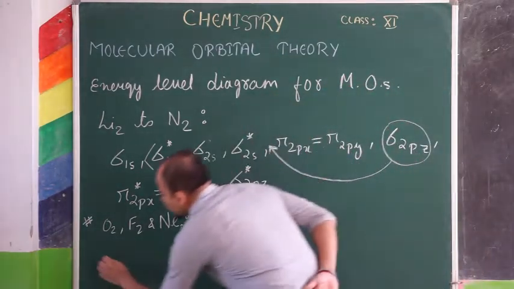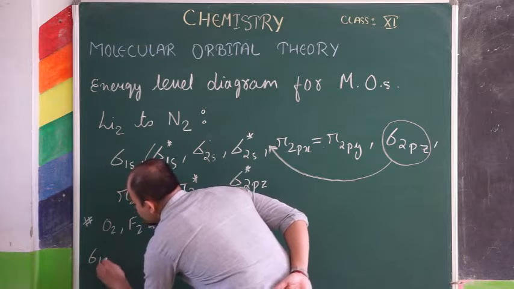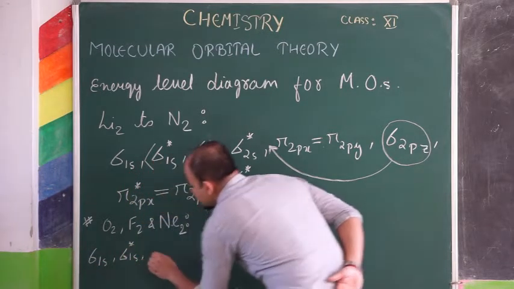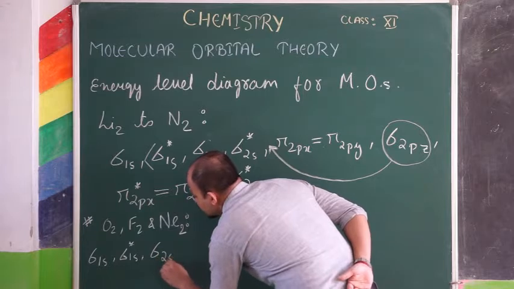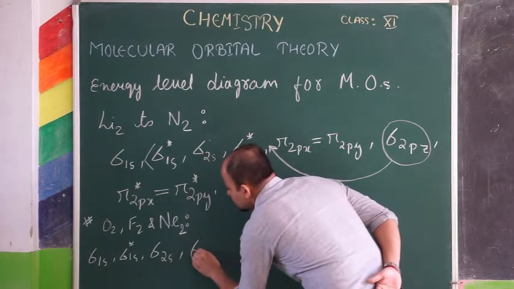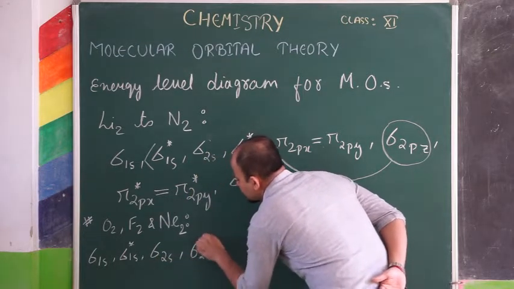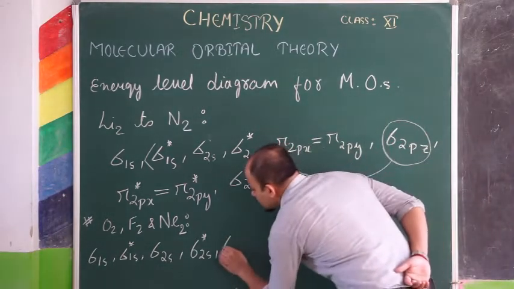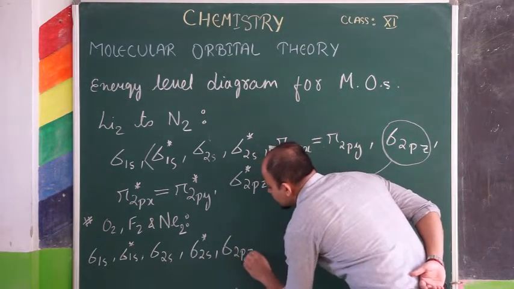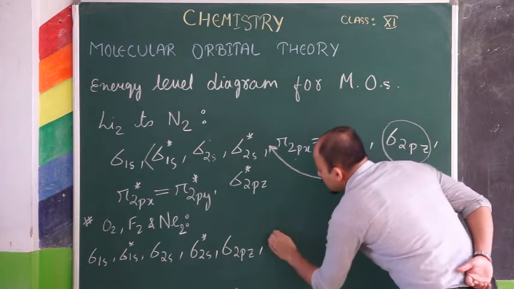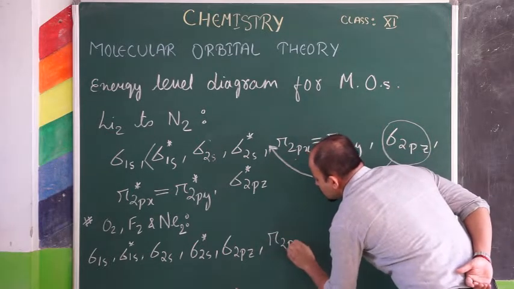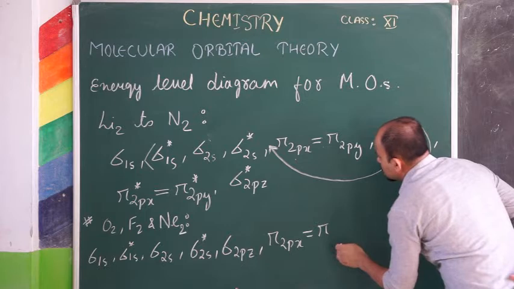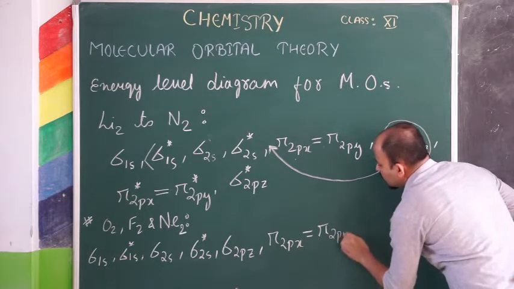So let me write it: sigma 1s, sigma star 1s, sigma 2s, sigma 2s star. Then comes sigma 2pz. Then comes pi 2px, which is equivalent in energy with pi 2py.